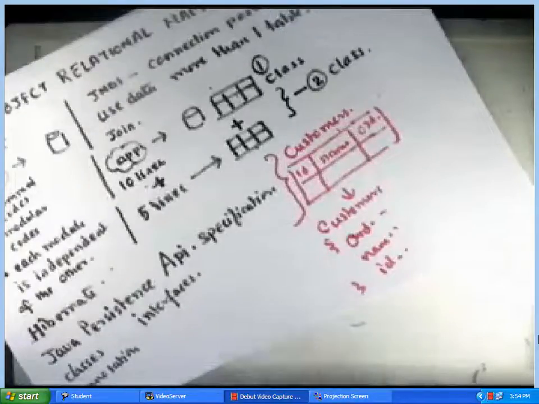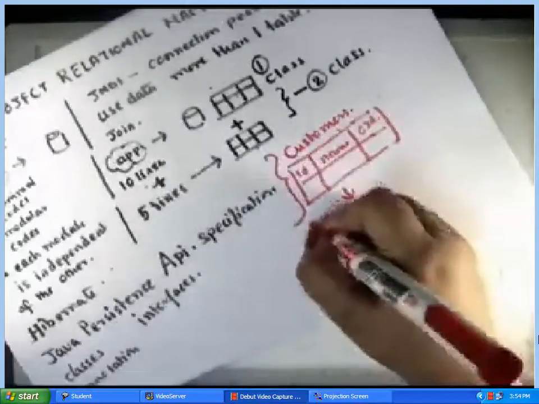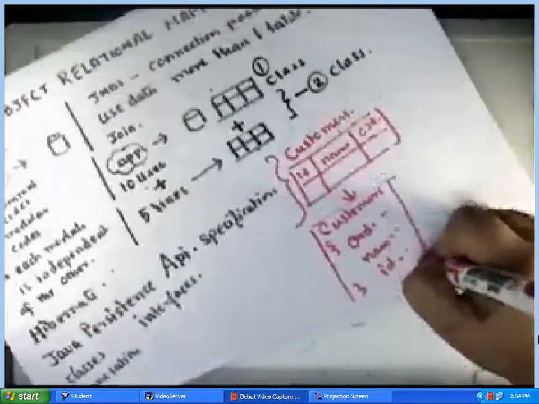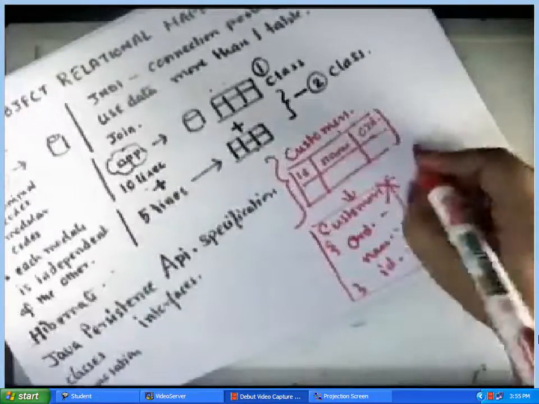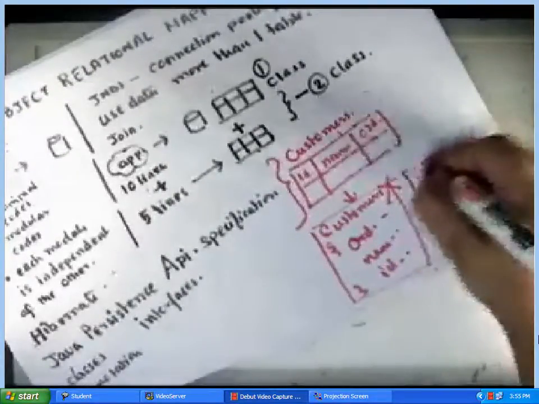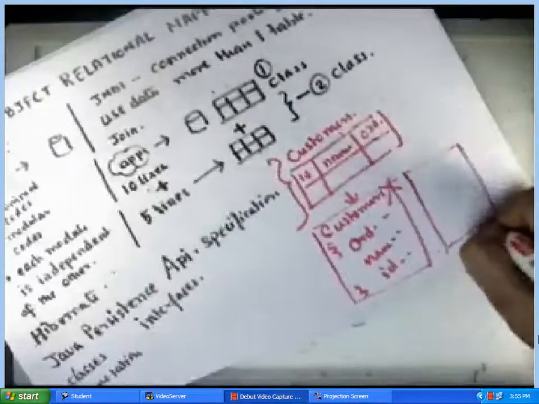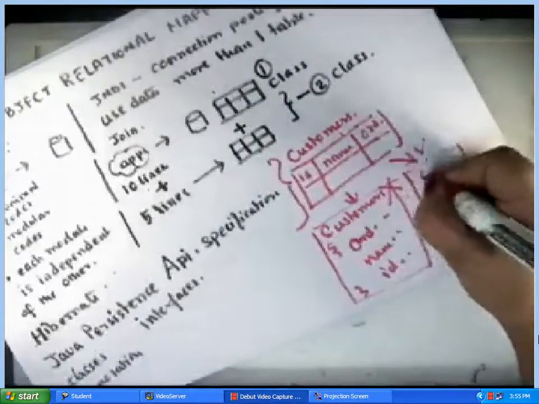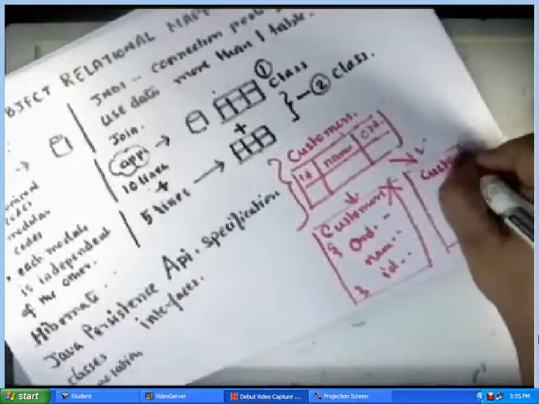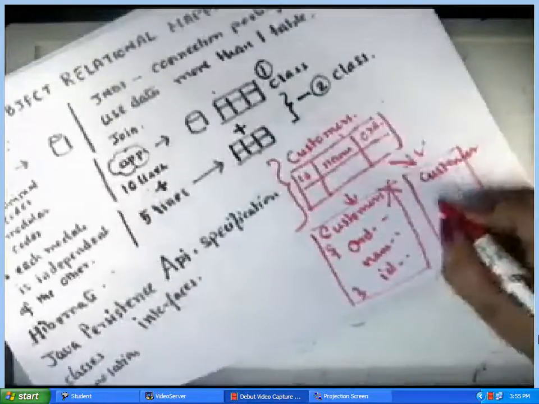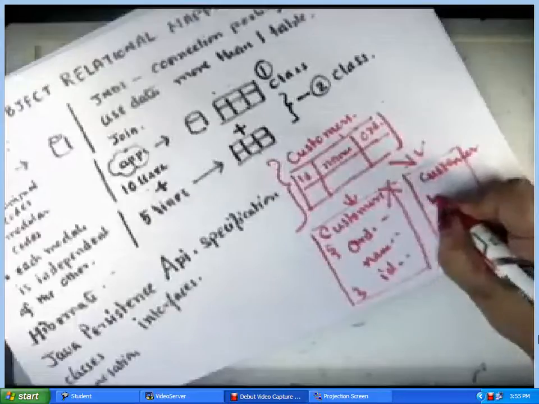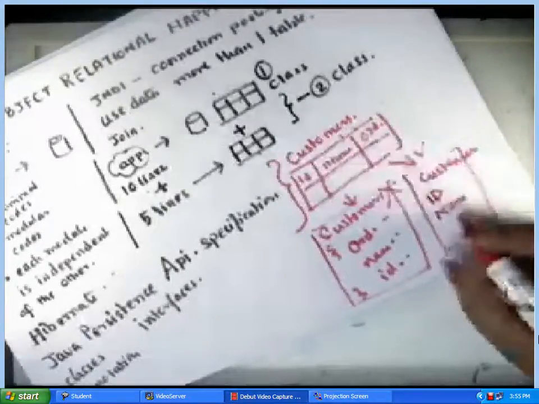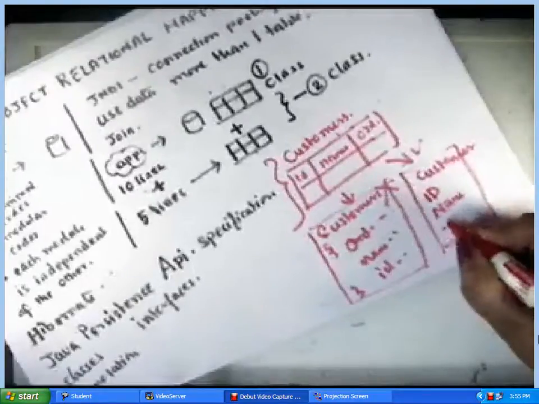But in ORM, our motive is that we should create a class which will have a structure mapped equally with the table. So this structure of the customer class will be mapping with ID, name and order.